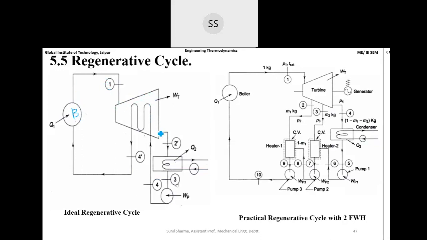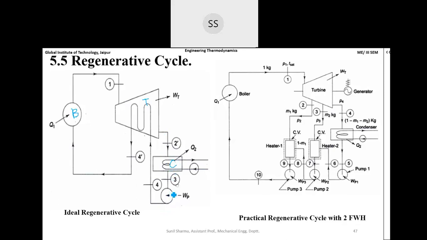The outlet of the turbine goes to the condenser, okay, and when it goes to the condenser, it releases heat here. So the latent heat is released to the environment. Okay, so this is the turbine and this is the condenser. After the condenser, what happens? This water moves to the pump. So this is the normal process.